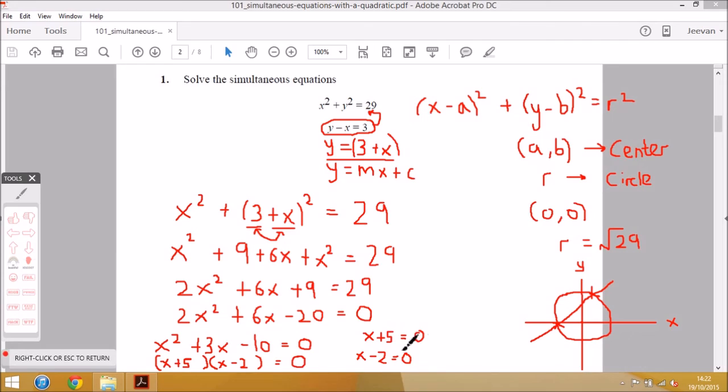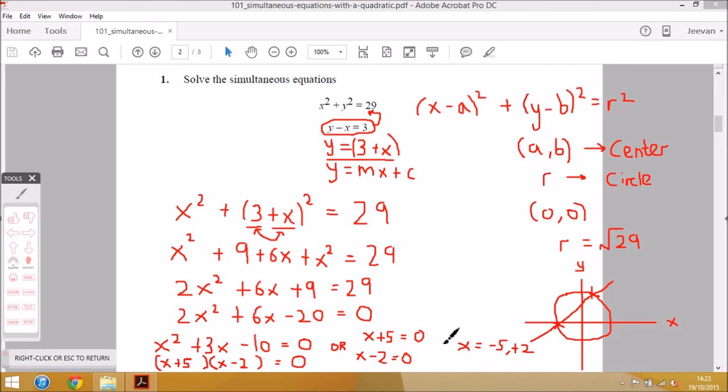Right, and from there, that means our only solutions are x equal to minus 5 or plus 2. So that's our two solutions. x is equal to minus 5 or plus 2.